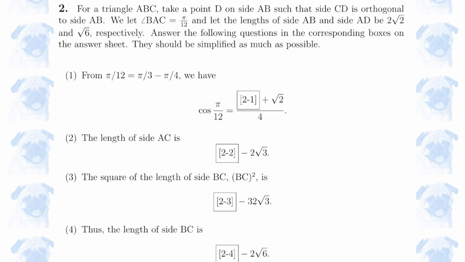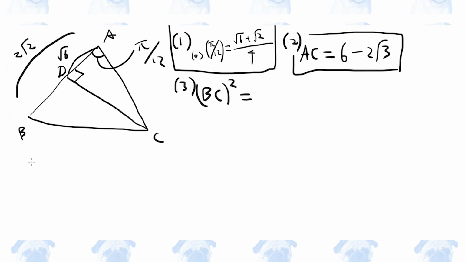In the next part, we need to find the square of the length of BC. We need to use the cosine rule, which states that c squared is a squared plus b squared minus 2ab cosine c.